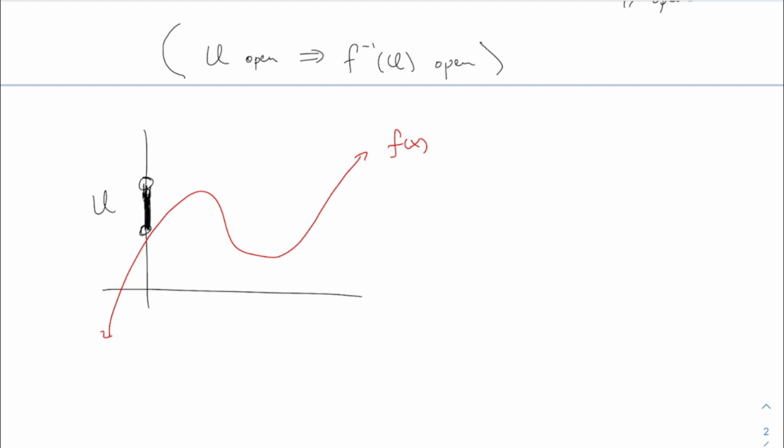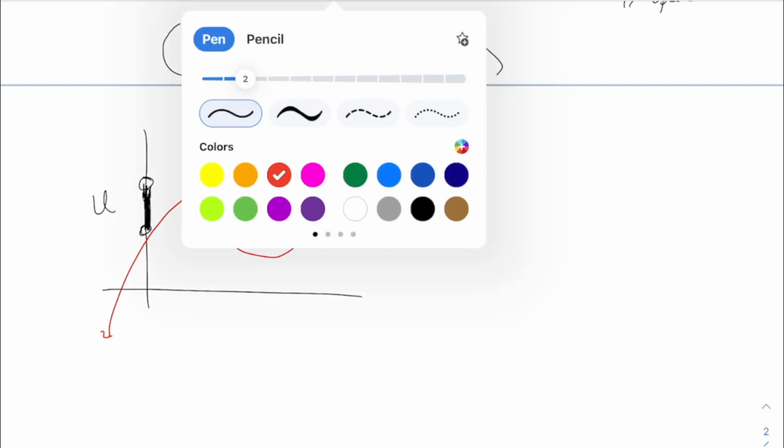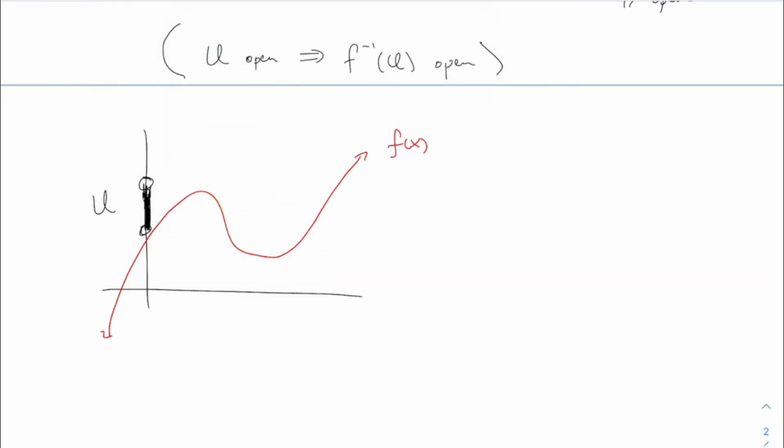What is F inverse of U? F inverse of U will be some set down here. It is all the points down here so that when you plug them into the function, the values end up in U. The way that you can consider that is if you look at this horizontal band here.